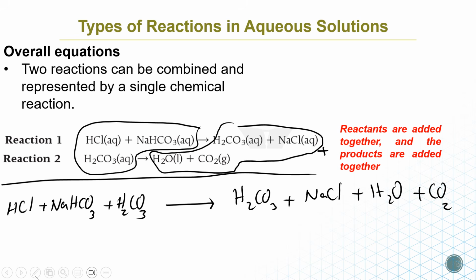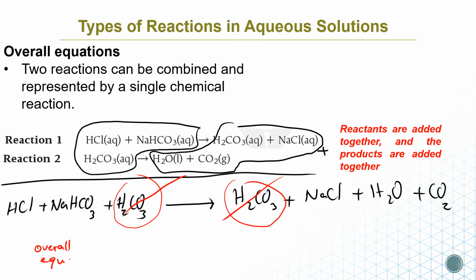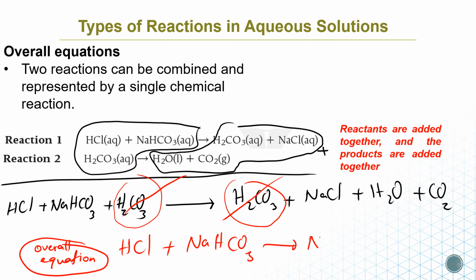Now you will notice there is something here: this thing and this thing are the same. So we remove them. So your overall equation is going to be HCl + NaHCO3 gives me NaCl + H2O + CO2.